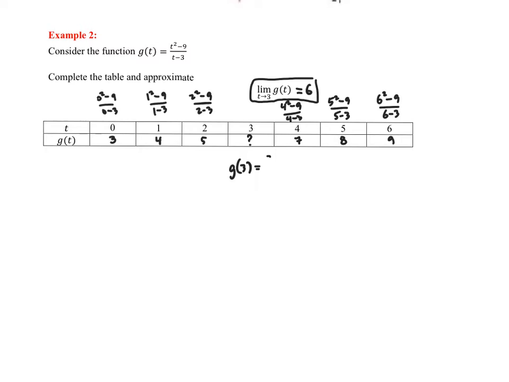Well, g of 3 would be 3 squared minus 9 over 3 minus 3. And from here on out, anytime you see an output of 0 over 0, you should always think there's more than meets the eye.